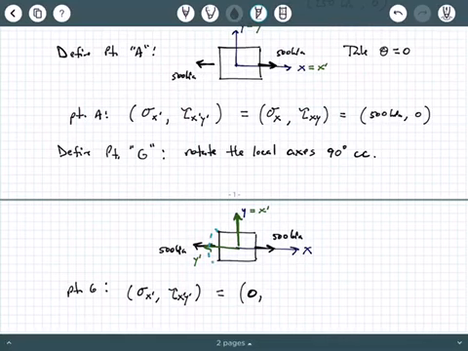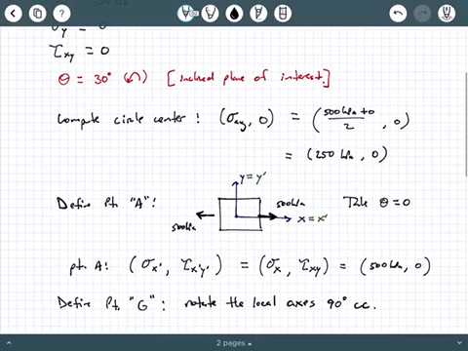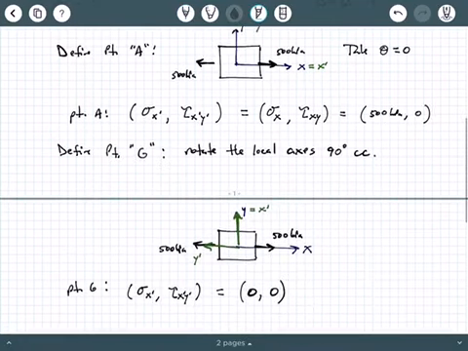So what is my sigma x prime value according to these local axes? Look at what's happening at your local x prime axis. Nothing, right? So this would be a value of 0. And then what about the tau x prime y prime value?